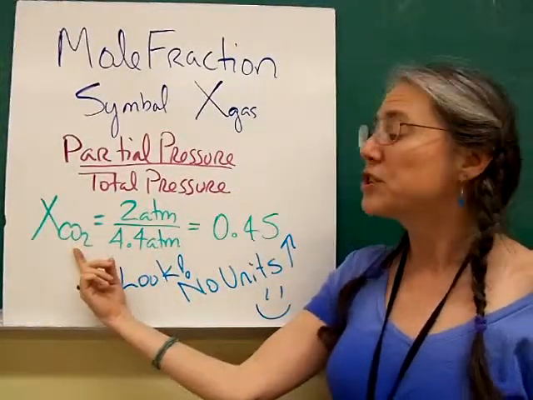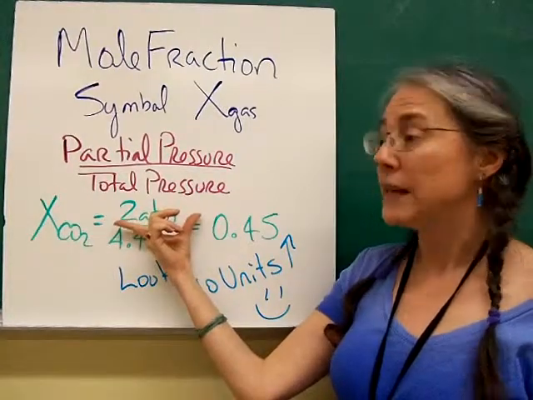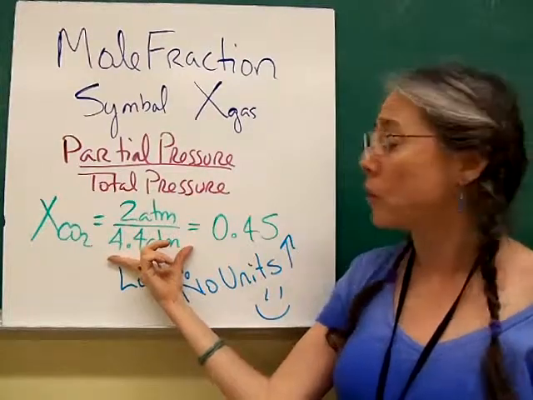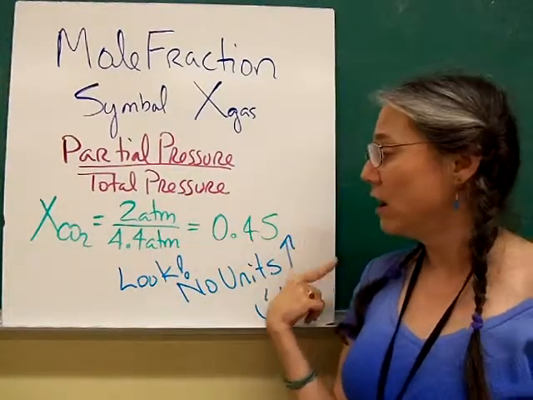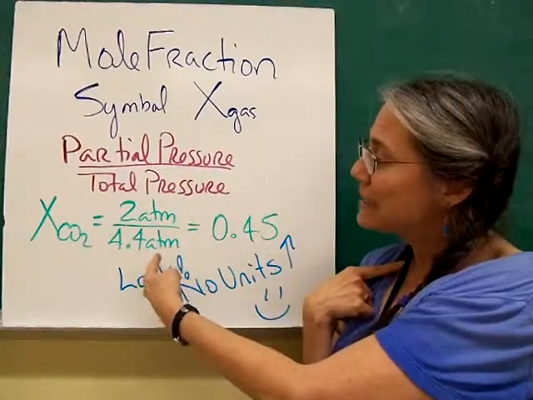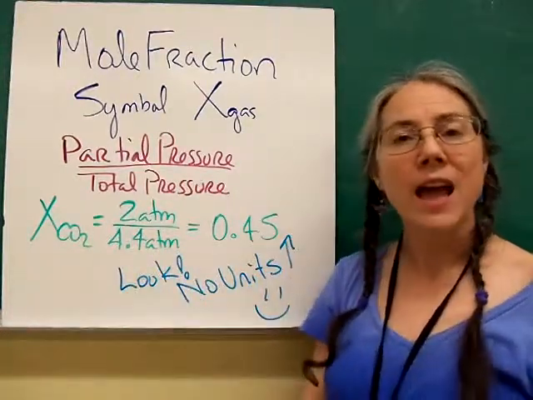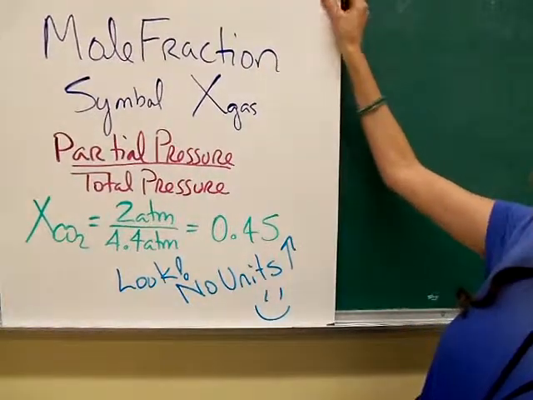So the partial pressure of just the CO2 is the 2 atmospheres, its partial pressure, over the total pressure, 4.4, gives us 0.45. Look, no units. Actually, the units have canceled out, and so a mole fraction is just a naked number, as we like to say. So, there we are.